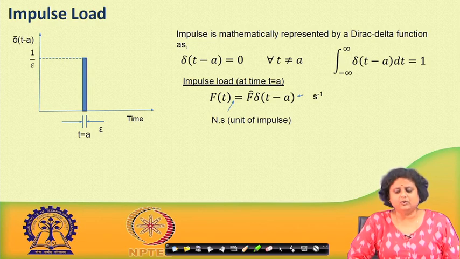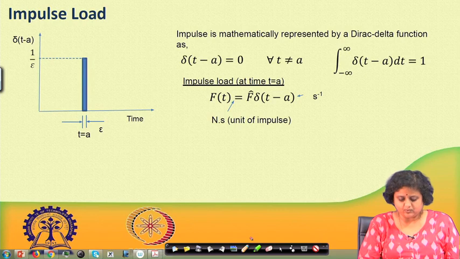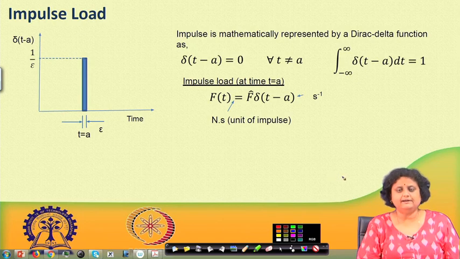Impulse load is mathematically usually represented by a Dirac delta function. Many of you might know what a Dirac delta function is, but nonetheless we will talk briefly about it and see how an impulse load can be represented using it.